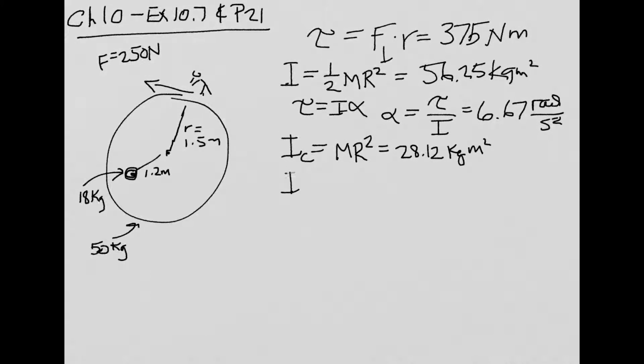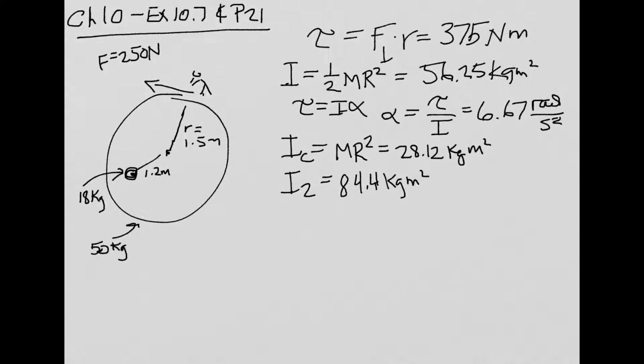So the total moment of inertia is the I of the disk plus the I of the child, which when you add those up, adds up to 84.4 kilogram meters squared.